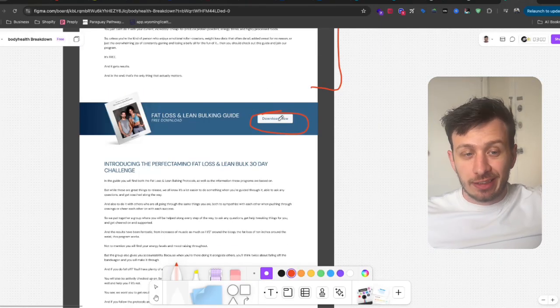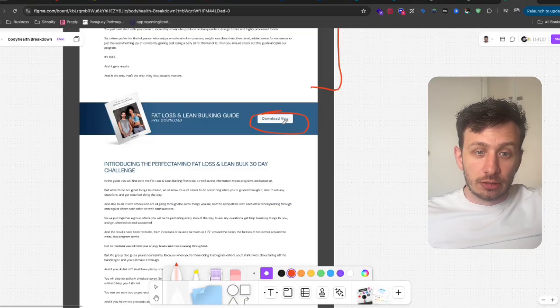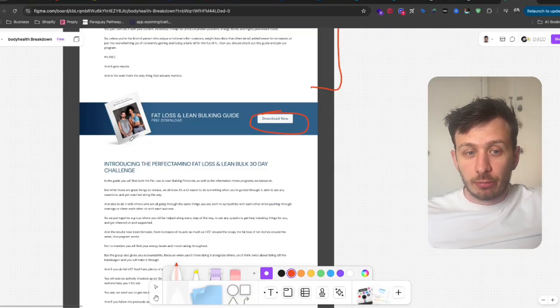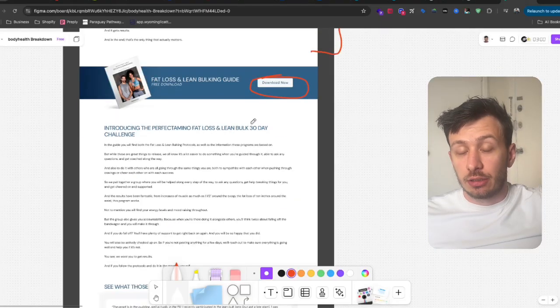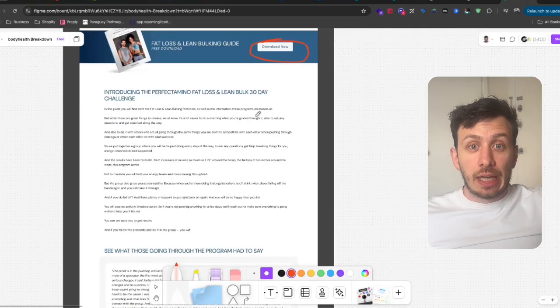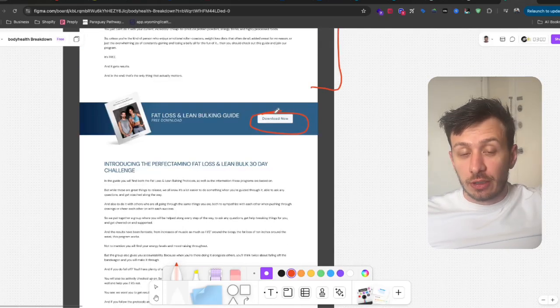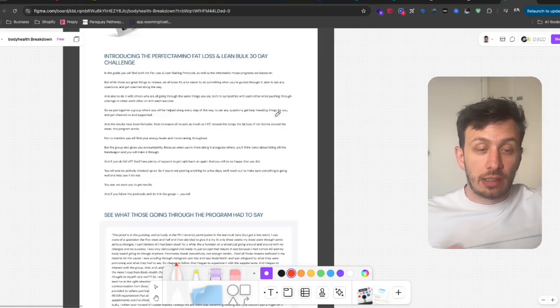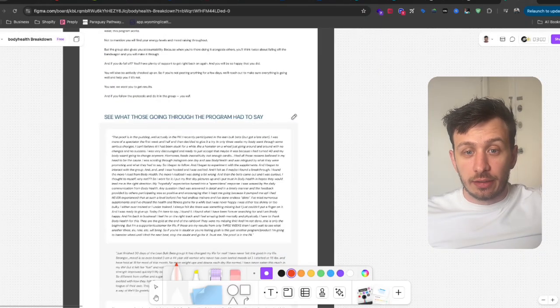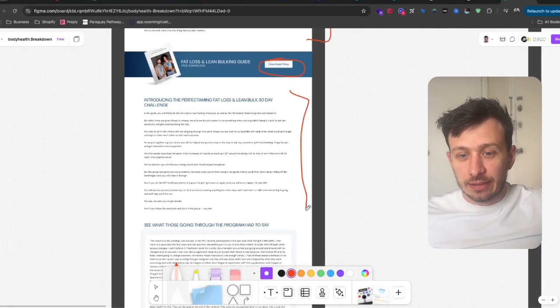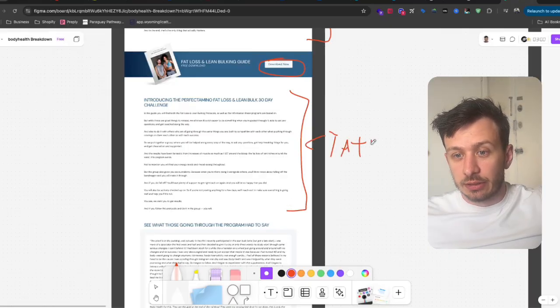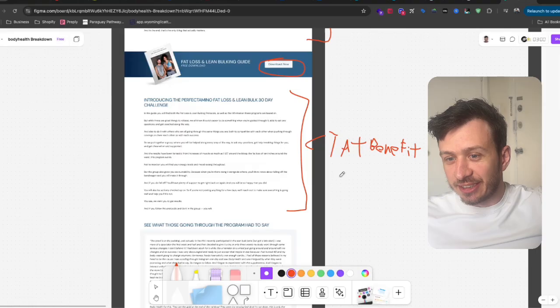I'm assuming that in this free resource, they're probably stating this challenge anyway. So the end call to action isn't really to download the file, it's more to just take action on this challenge. And so I would say that this is like a CTA plus benefit. And then I guess I'm gonna write it completely.